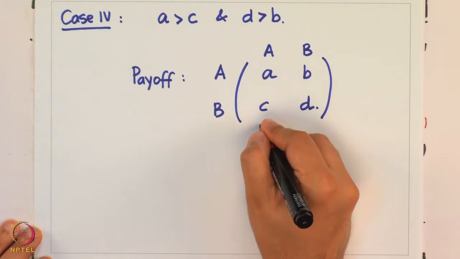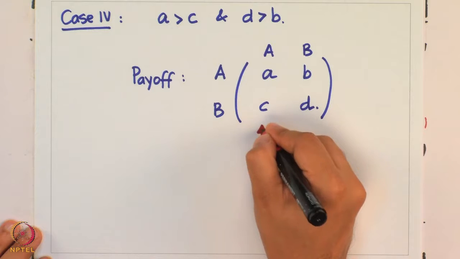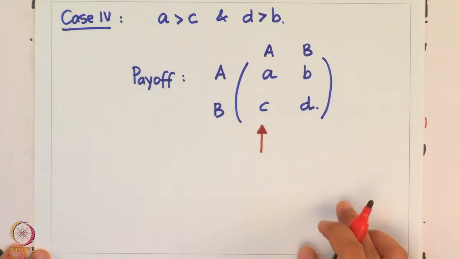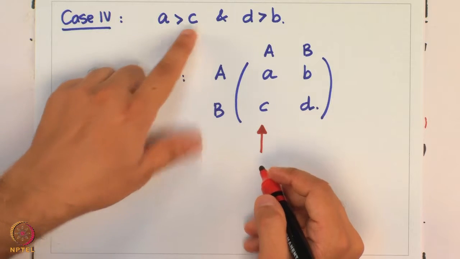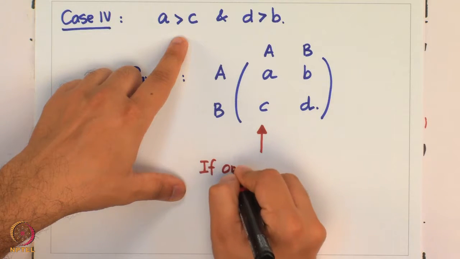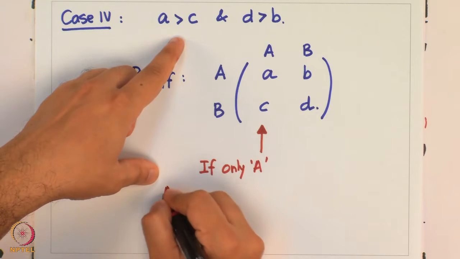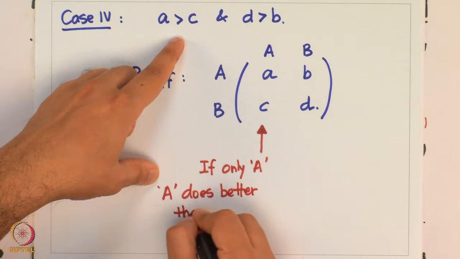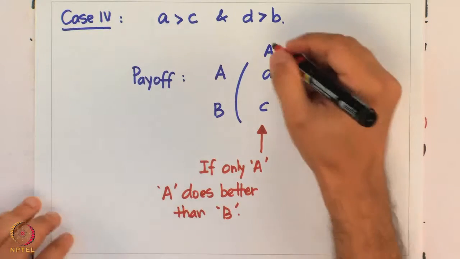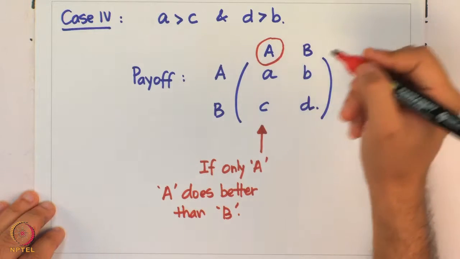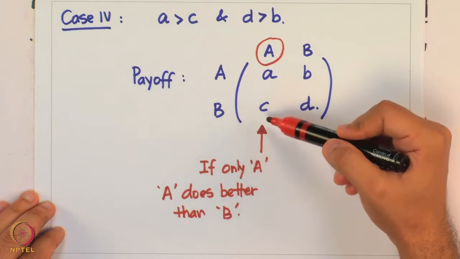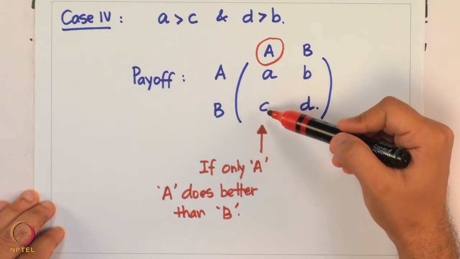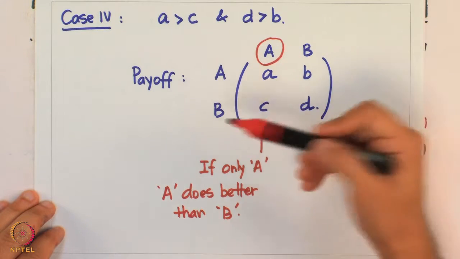So, when a particular individual is growing in an environment where there are only A's, in that particular case A is bigger than C. So, if only A environment, A does better than B. That's what this payoff matrix is telling us: if you're growing in an environment which is mostly A and you happen to be a B individual, then you are going to grow with a growth rate C. But if you happen to be an individual of genotype A, you are going to grow with a growth rate A. And since A is greater than C, in this particular environment, an A does better than B.